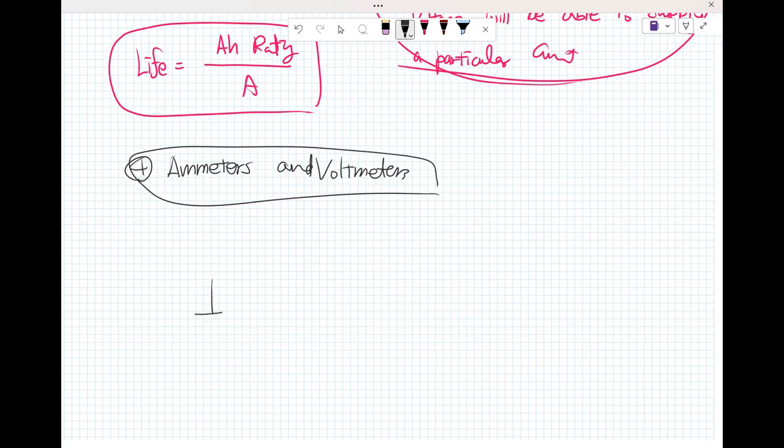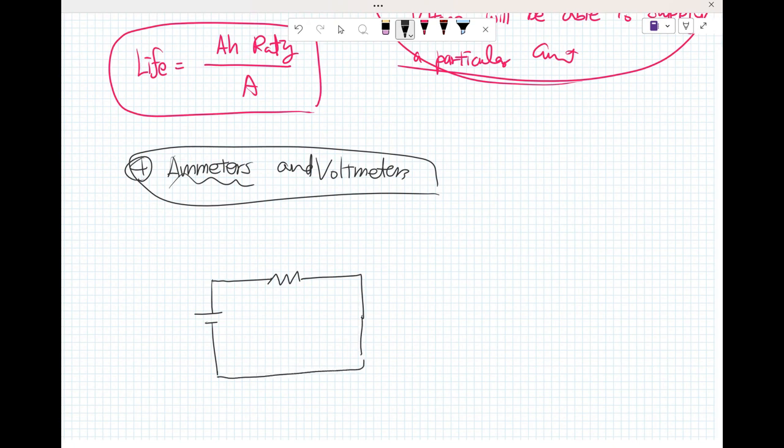The ammeter is the device to measure the current. A path in the circuit must be broken in order for the current to flow through the ammeter and be measured.